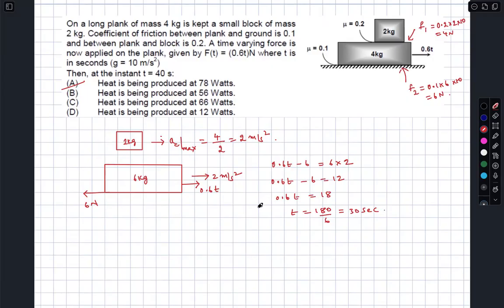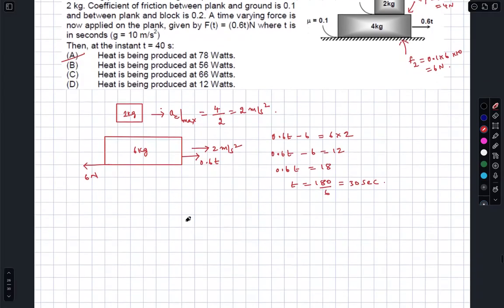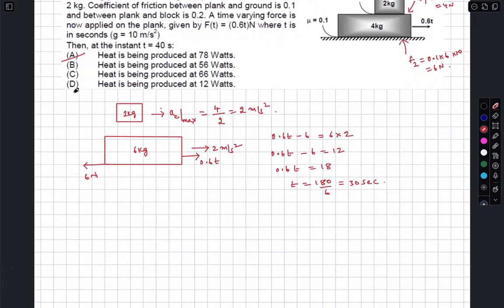And one more important point here is there is an opposition of 6 newtons. First of all, for the 4 kg block to move, it has to overcome 6 newtons of force. This is some in-between stage, some estimation of maximum common acceleration.